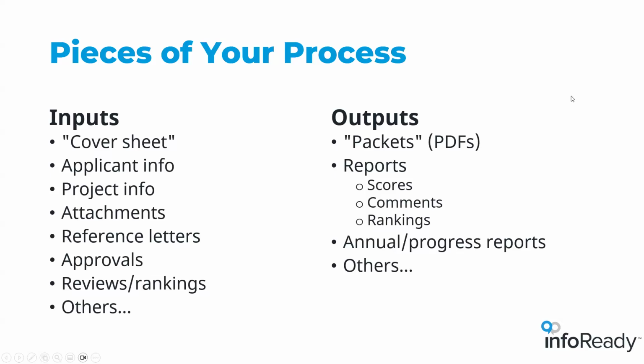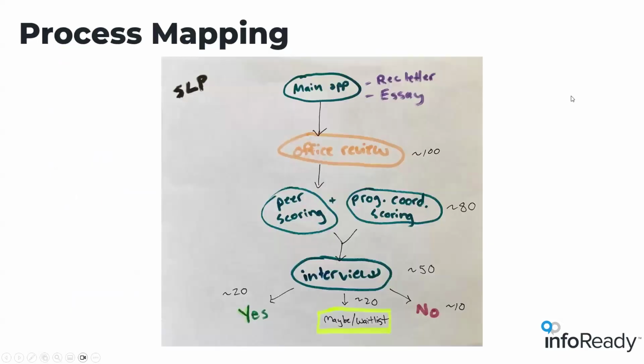Last thing, as far as slides go, I just want to put in a little plug for some good old paper process mapping. This is actually an example of a student leadership program that I used to facilitate, and it's literally me putting it on a piece of paper with colored markers.